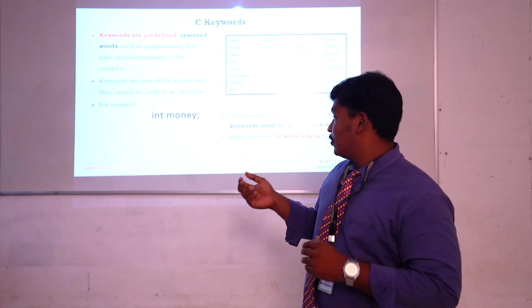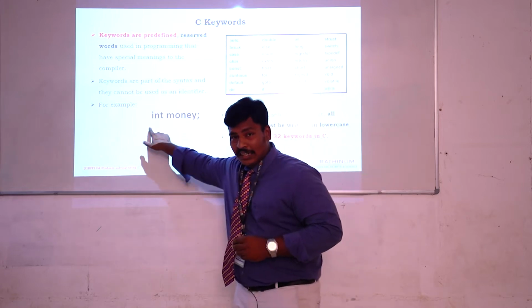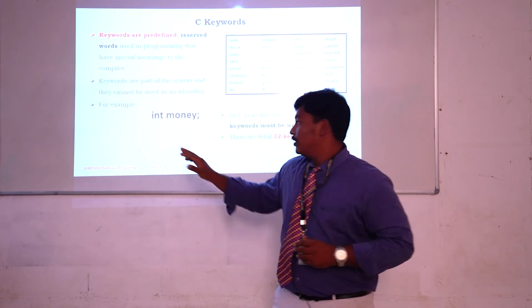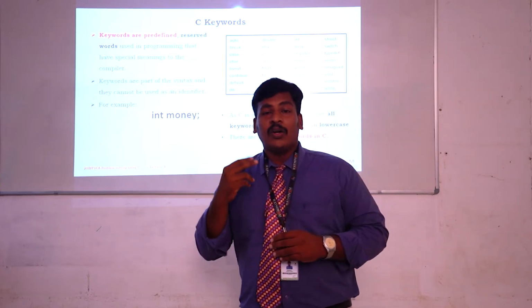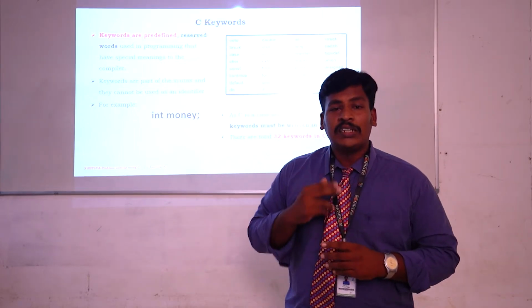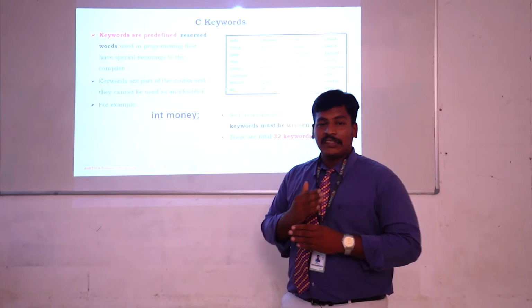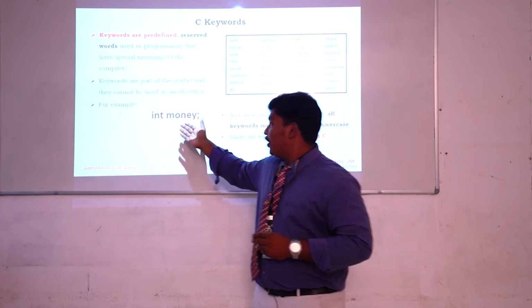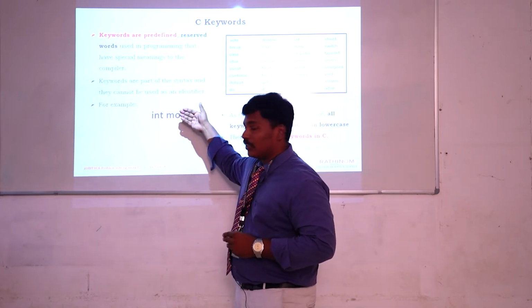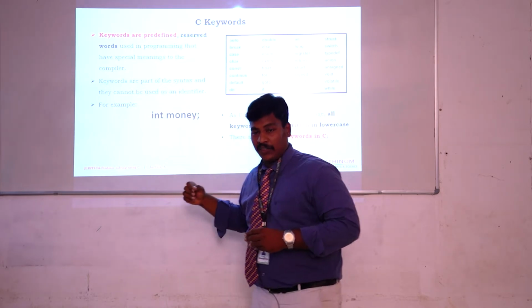Then suppose we declare int. Int is a keyword. Int means integer. It is stored in 2 bytes; some compilers use 2 or 4 bytes. Here, int is a data type, and money is a variable name. The variable money holds the money value stored in the integer data type in C language.